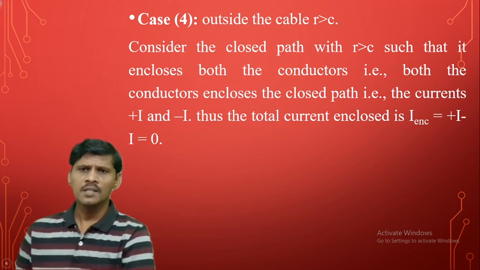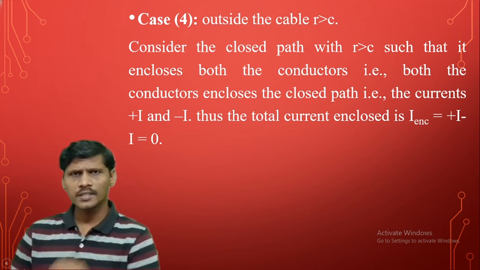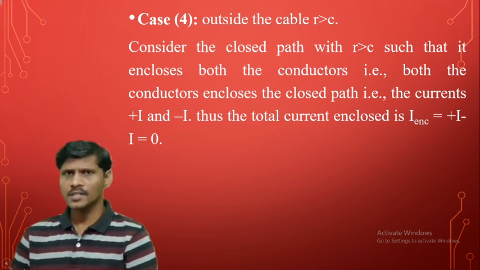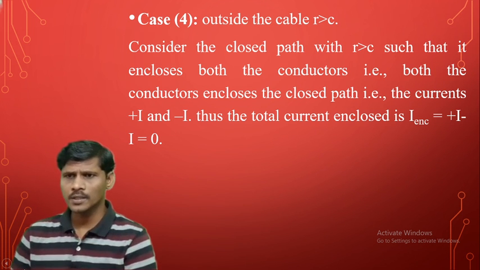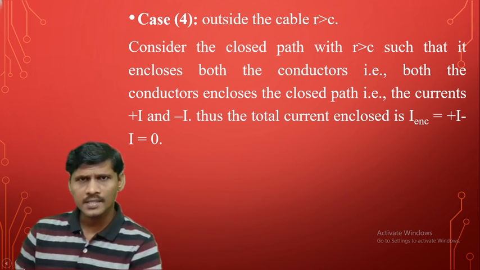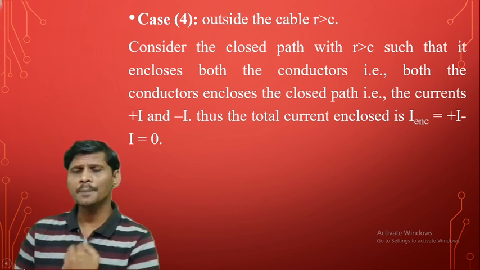The next case is to consider the Amperian path outside of the outer conductor, that is R greater than C. C is the outer conductor radius and R is the Amperian path radius.